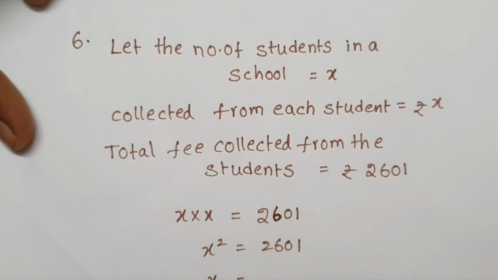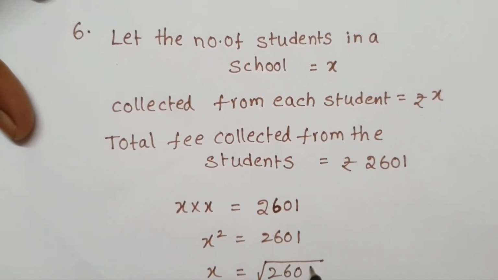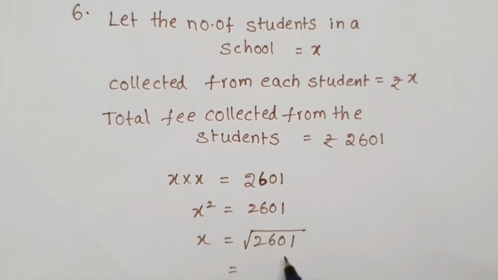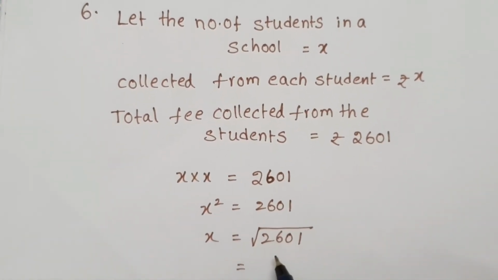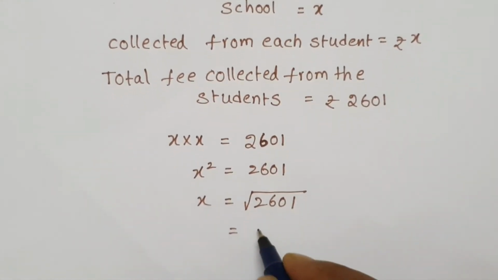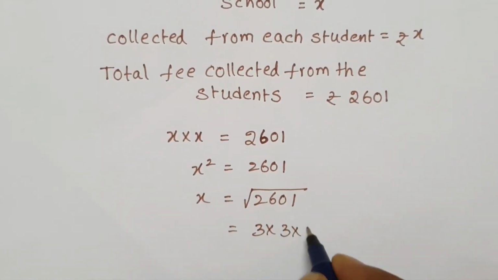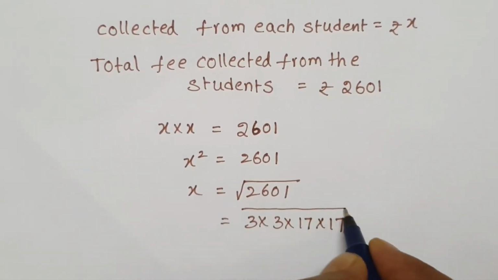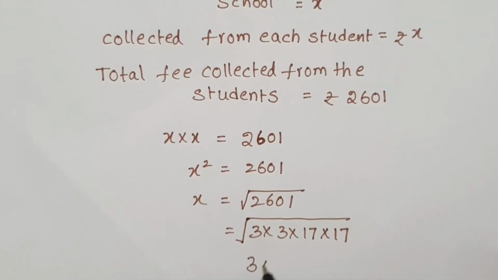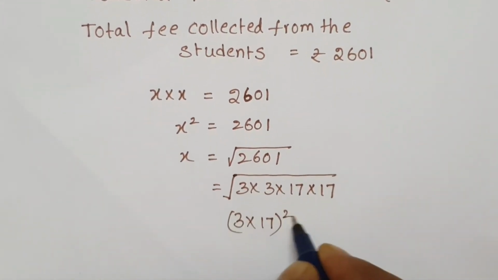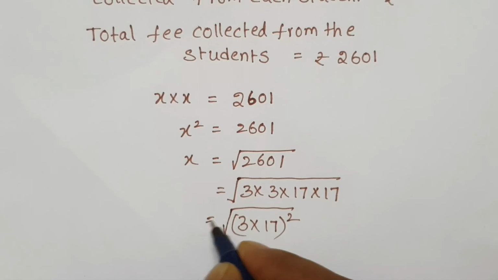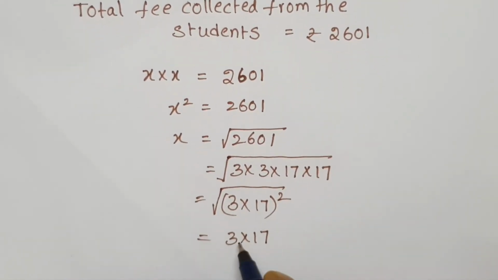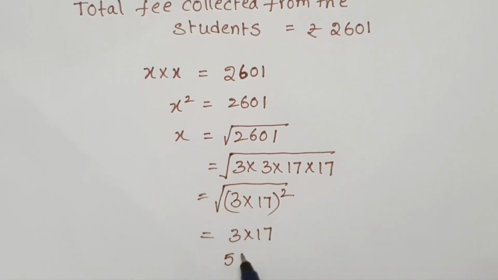X equal to square root of 2601. Find this one, do prime factorization this total. In that, use all prime numbers with 3 table. First 3 into 17. 17 also prime number. 17 into 17. We can write like this. Here 3 into 17 whole square. Now square root get cancelled. Finally 3 into 17. 17 into 3 will get 51.